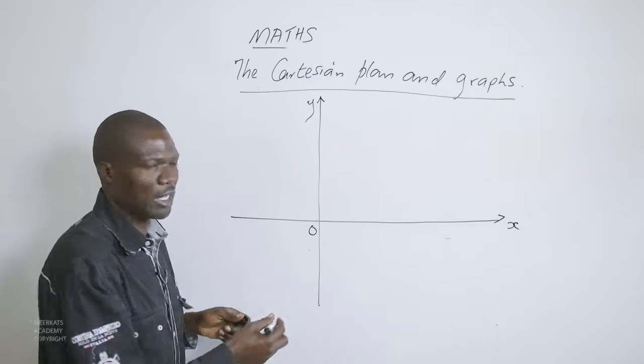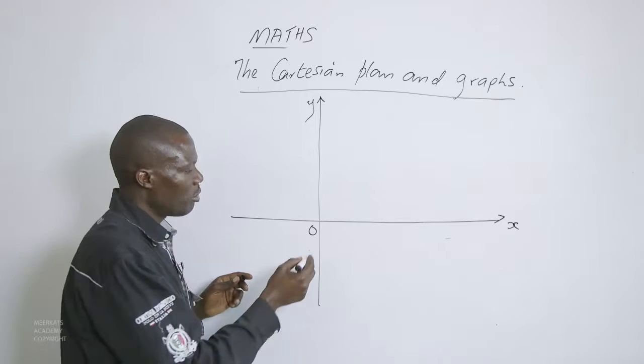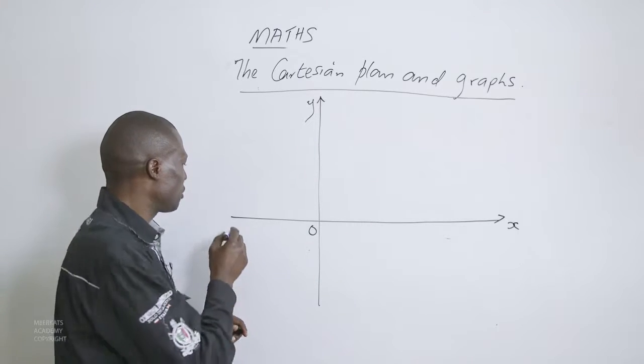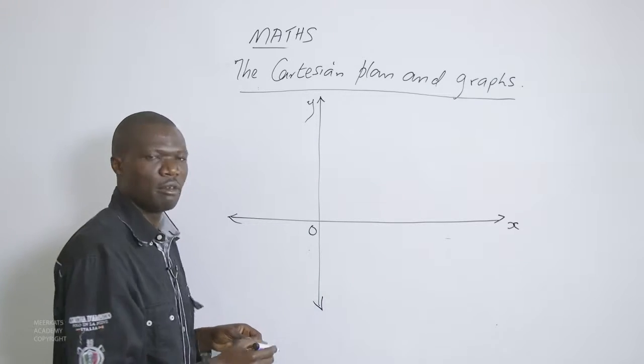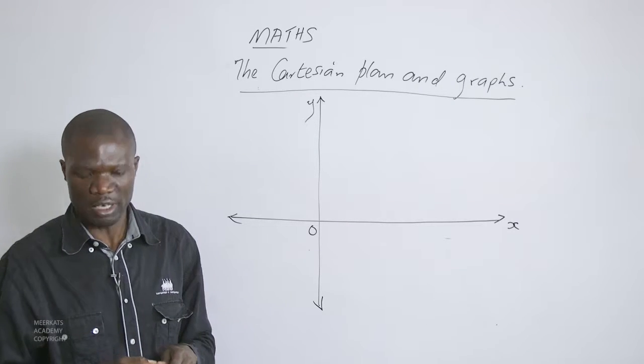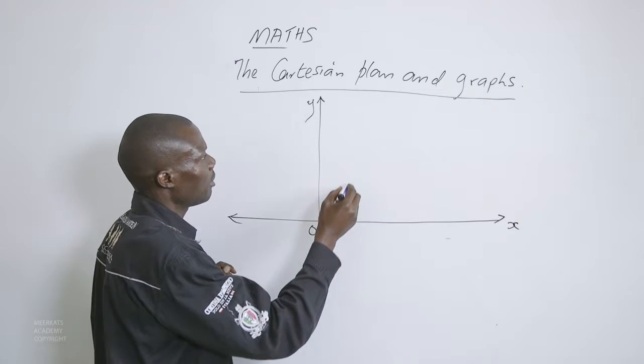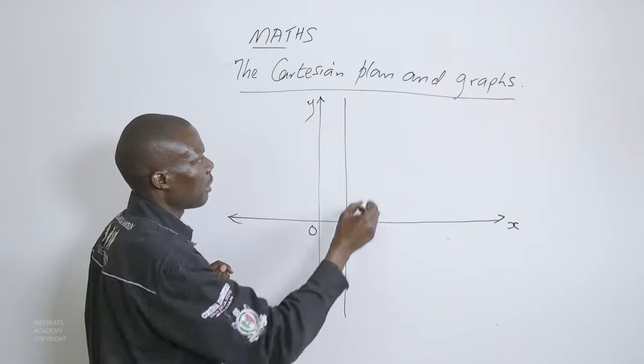Now, each axis is labeled. From the origin to the left, this gives us the negative values on the axis. So just to look at an example here, we can have a Cartesian plane like this.